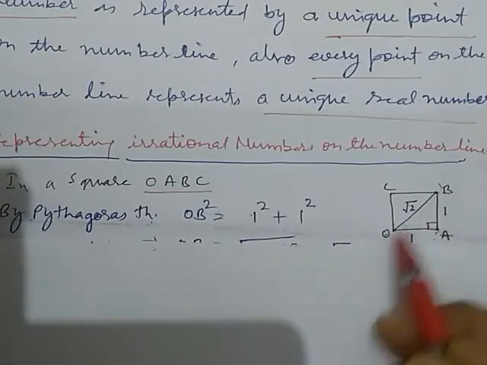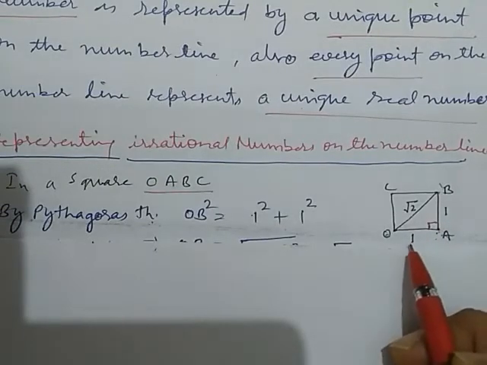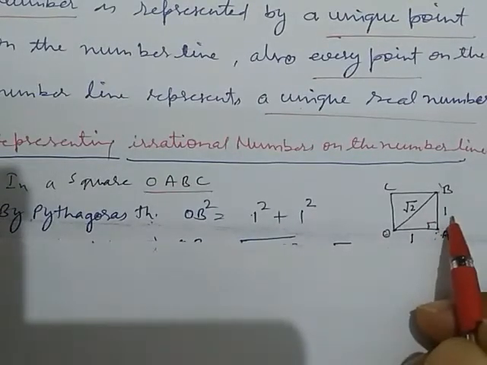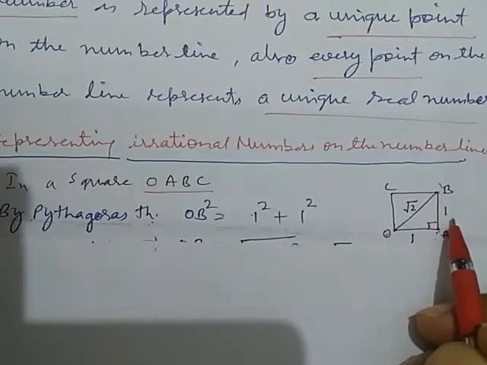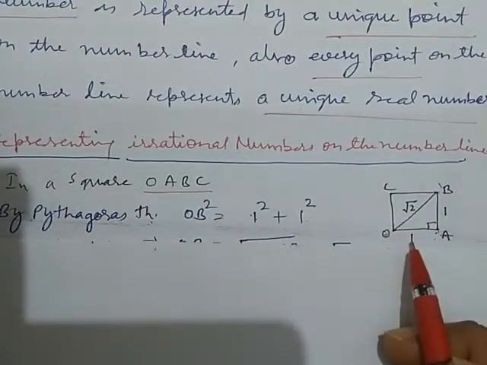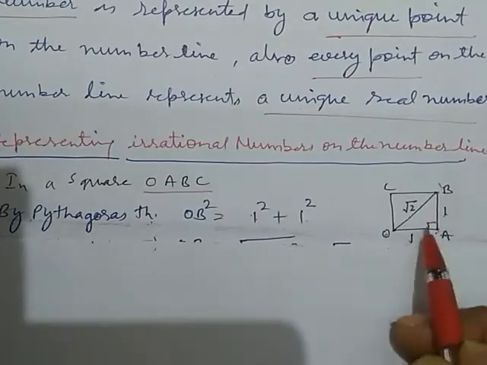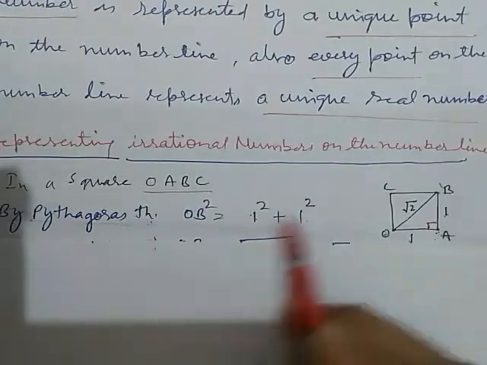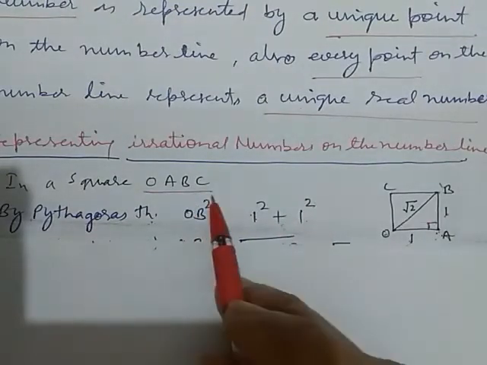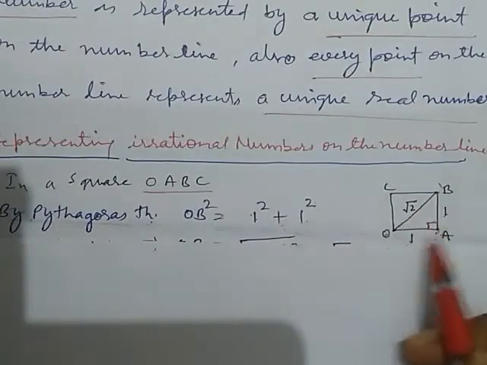Here this is 1 unit, this is also 1 unit. So 1 square plus 1 square, the squares of the base and the perpendicular, is equal to OB square. OB is the hypotenuse of this triangle.